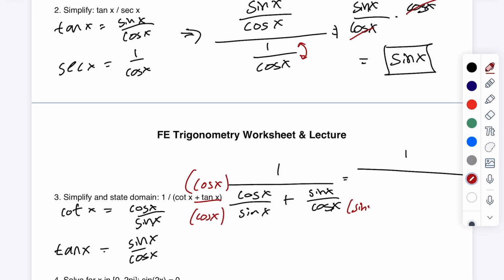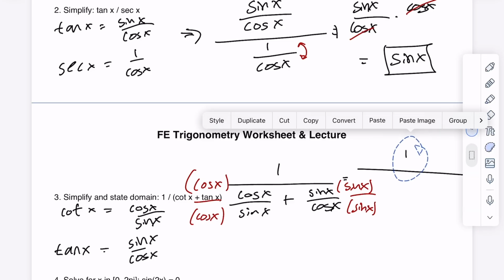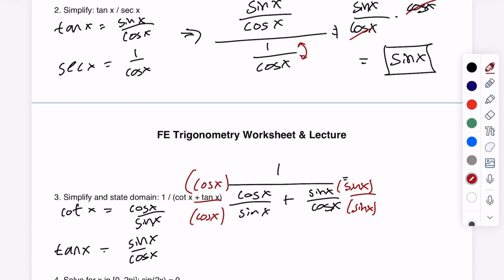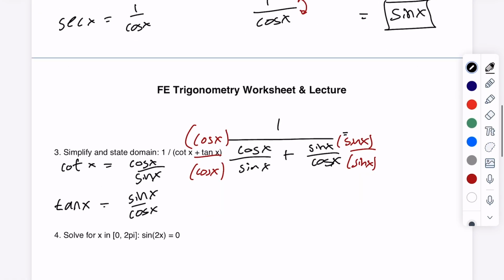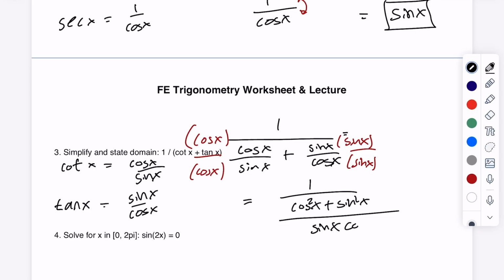And this one will multiply by sine x over sine x to get the same denominator. So here we'll have 1 over cosine squared x plus sine squared x over sine x cosine x.